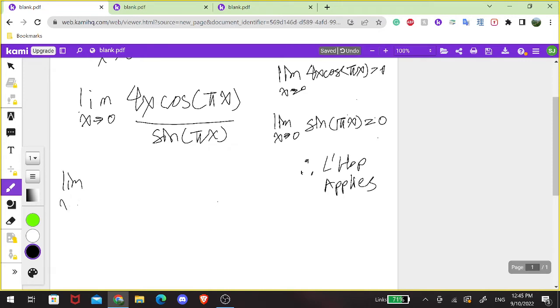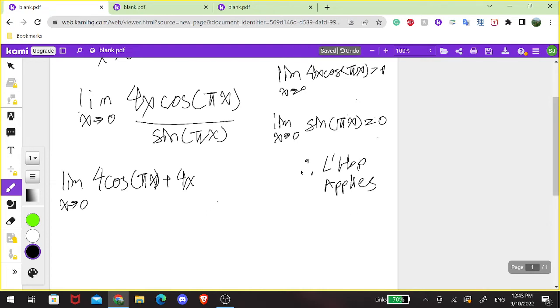as x approaches 0 of the derivative of the top over the derivative of the bottom. Derivative of the top, we're going to use product rule, and I've explained product rule earlier, so I'm not going to go through it step by step. So it'll be 4 times cosine pi x plus 4x times negative, I should specify that.